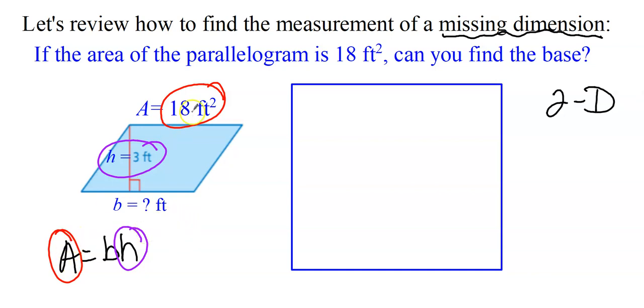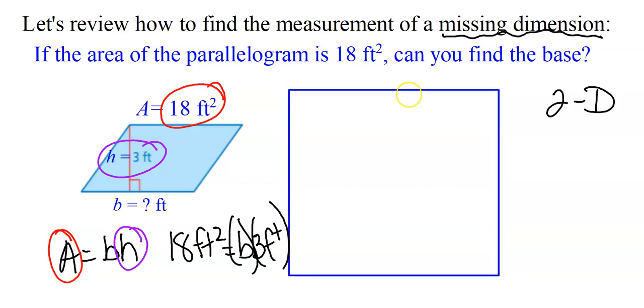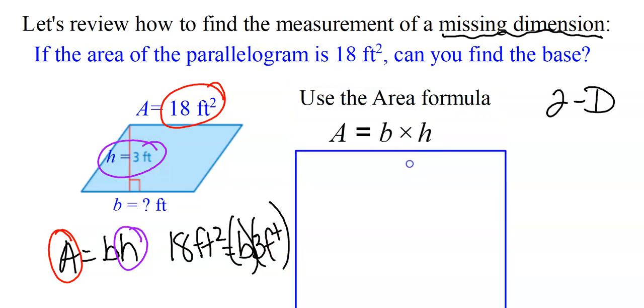The area is 18 feet squared. So 18 feet squared is equal to the base, which is unknown, and the height, which I do know, right? So now I've got an equation that says area is equal to base times height. So here's how I start out. I use the area formula. I write base times height.